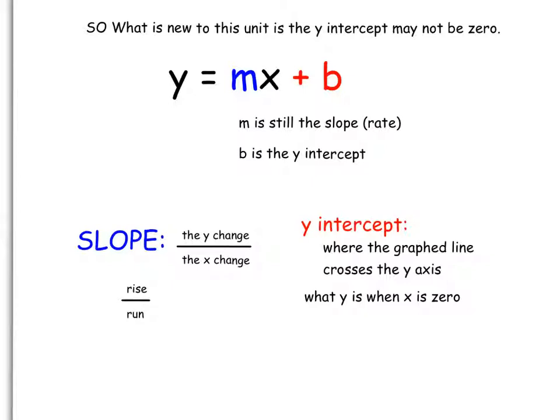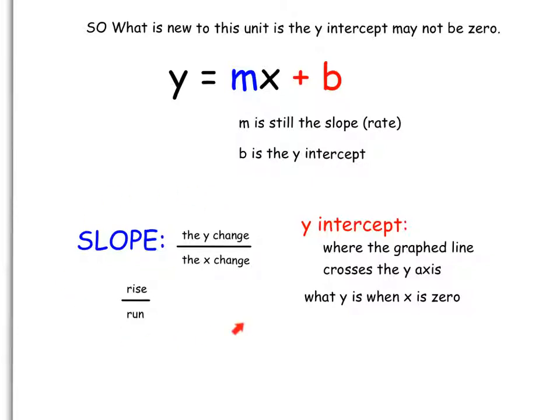So what's new in this unit is that the y-intercept, where we begin, where it crosses the y-axis, might not be 0. So we still have our original part of the equation, y equals mx plus b, where m is still that constant rate that we call slope. But now we're going to have something added or subtracted to it.